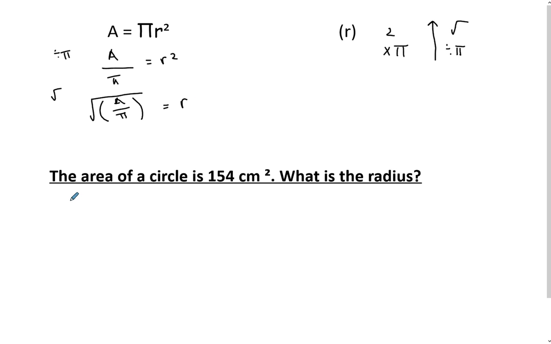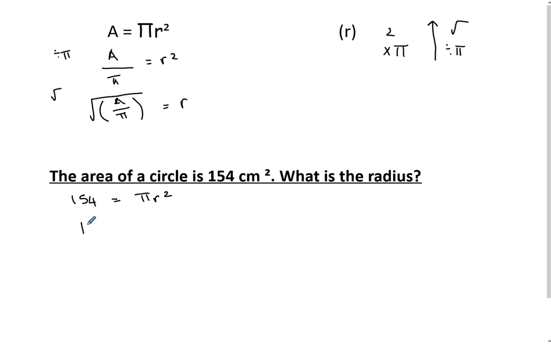Okay, so in the question, if you're asked the area of a circle is 154 centimeters squared, what is the radius? So you just write it as 154 equals pi r squared, and I want to find my radius. So you can do these steps, and then you'll be able to actually do it all in one go.